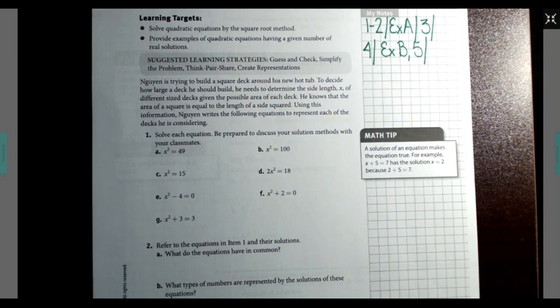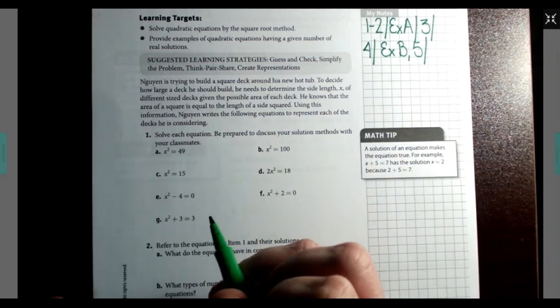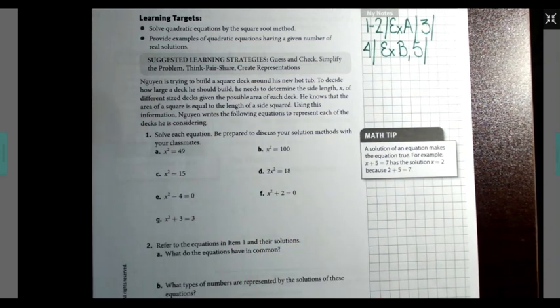Number 1, solve each equation. Be prepared to discuss your solution methods with your classmates. X squared equals 49. Well, to find out the value of x, I want to know what number times itself will give you 49.